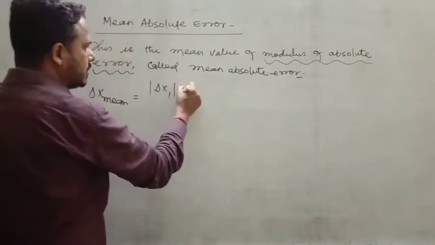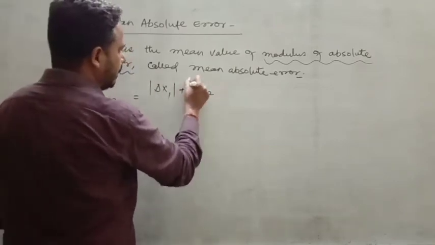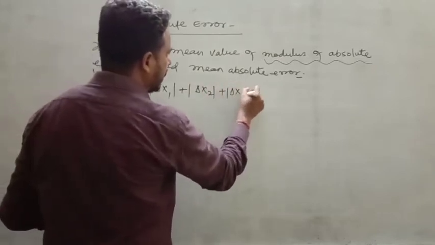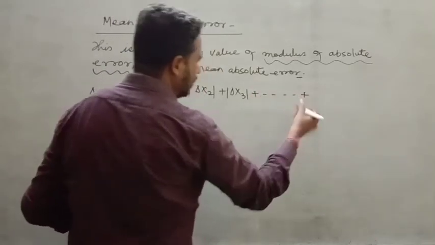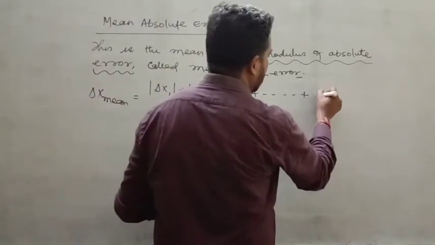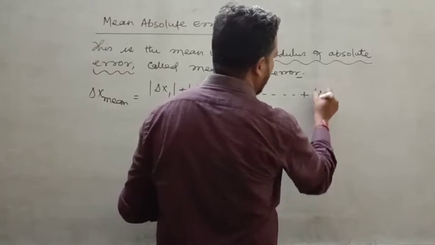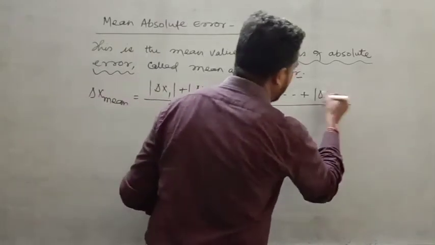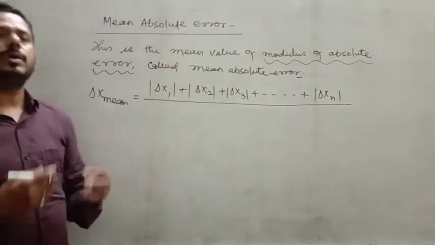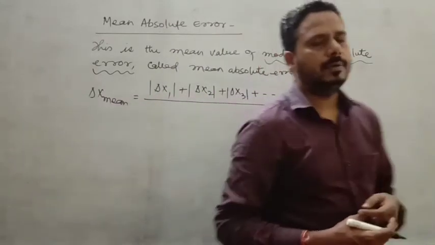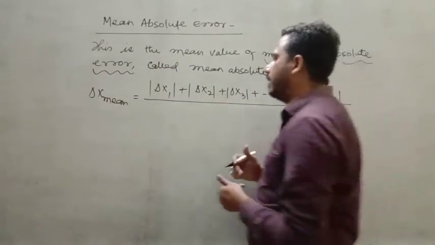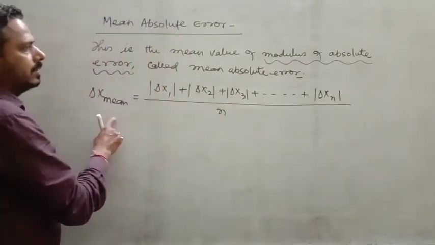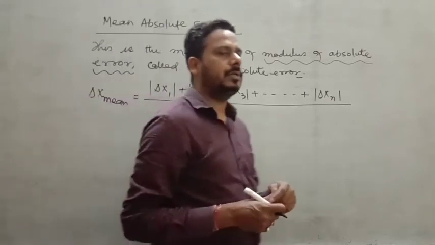So modulus of delta x1 plus delta x2 plus delta x3, plus up to delta xn, suppose you have n number of absolute errors, and because you have n of them, it is divided by n. Then you will get your mean absolute error. This is the way by which you can find the mean absolute error.